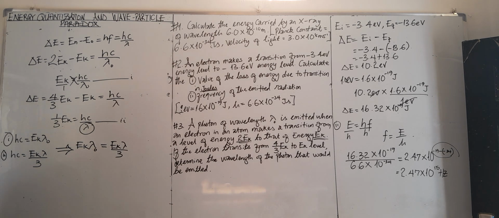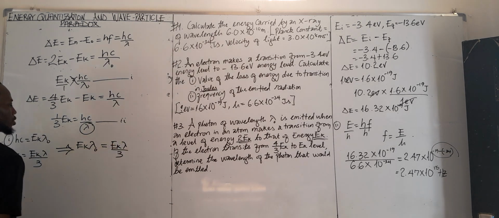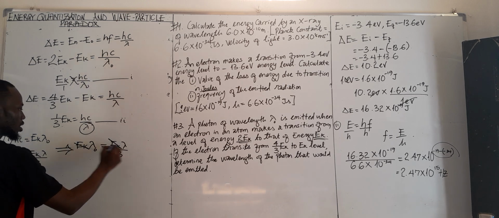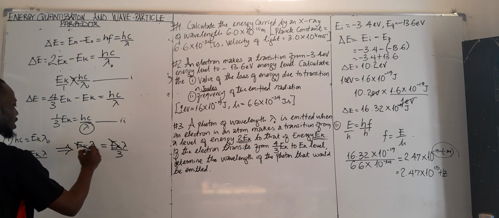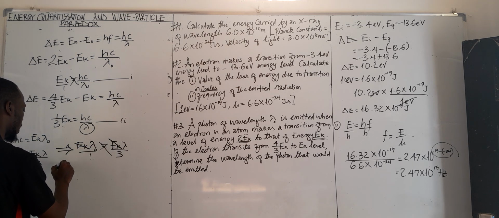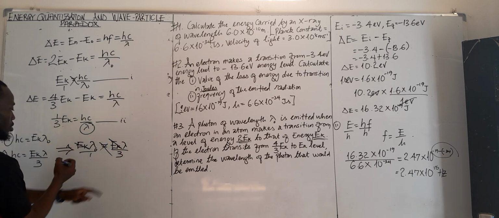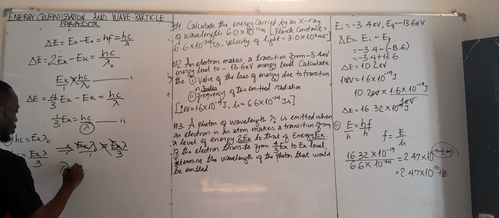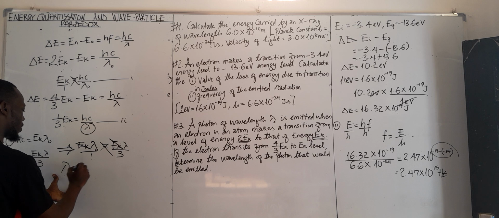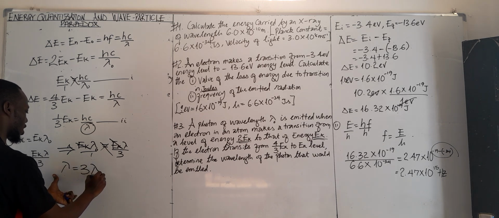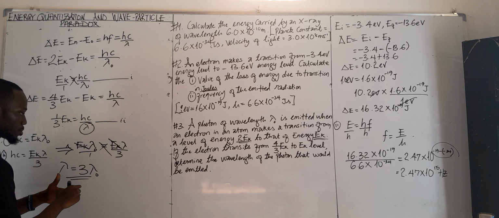Now I can simplify. We take away EK, and then this equals 1. I cross multiply. If you want to find lambda, you can cross multiply directly, there's no problem. So the wavelength now is equal to 3 lambda naught. It's as simple as that.